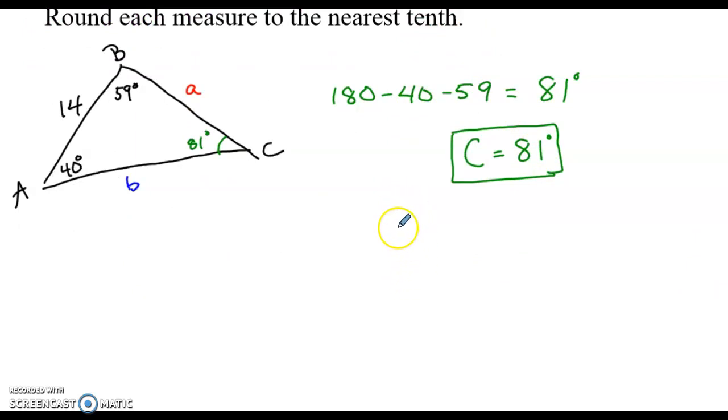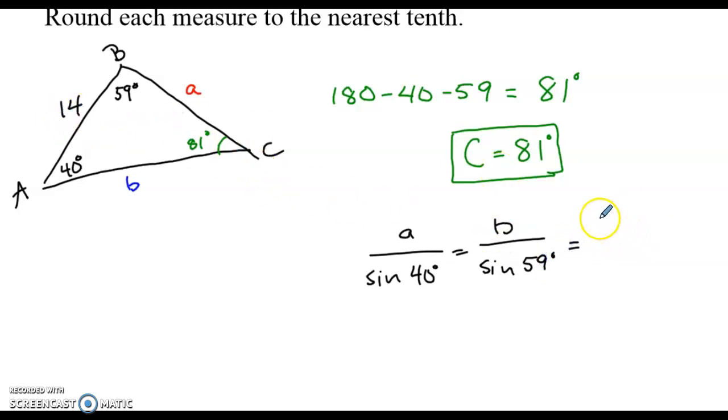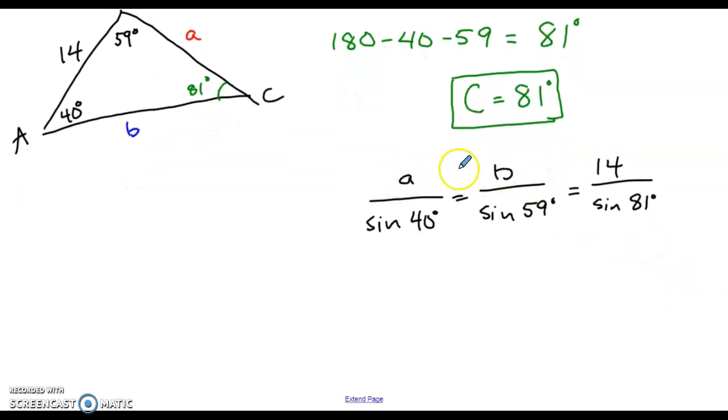And the law of sines says that side length a over the sine of angle A, which is 40 degrees, is equal to side length b divided by the sine of angle B, which is 59 degrees, is equal to side length c, which is 14, over the sine of angle C, which we already found to be 81 degrees.